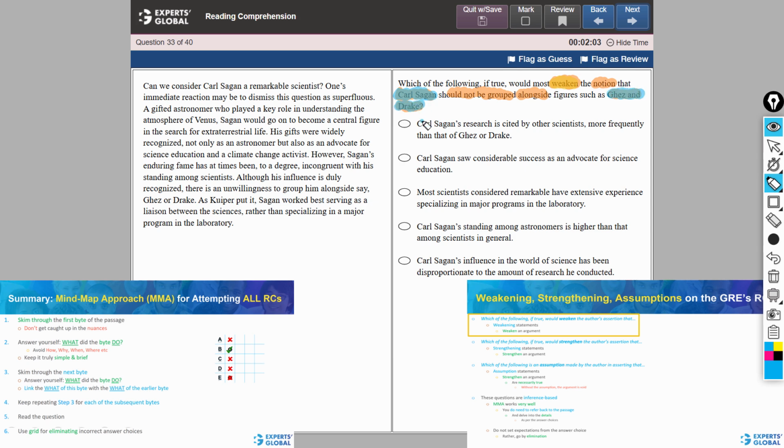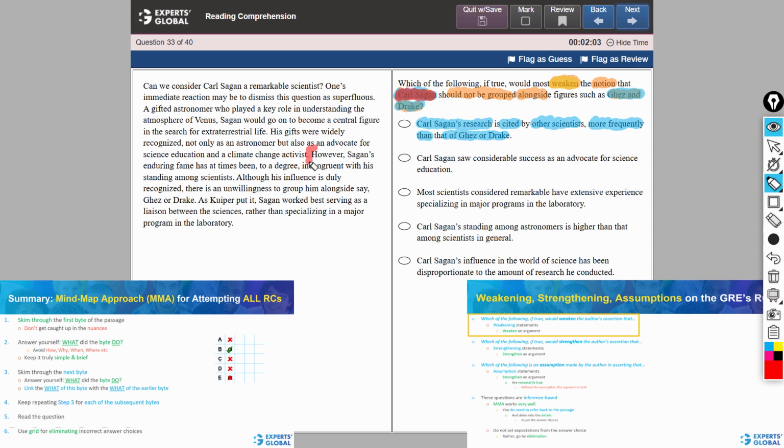And yes, if our scientist's research is cited by other scientists more frequently than the research of these 2 remarkable scientists, then it would mean that our scientist is equally good or maybe even better.